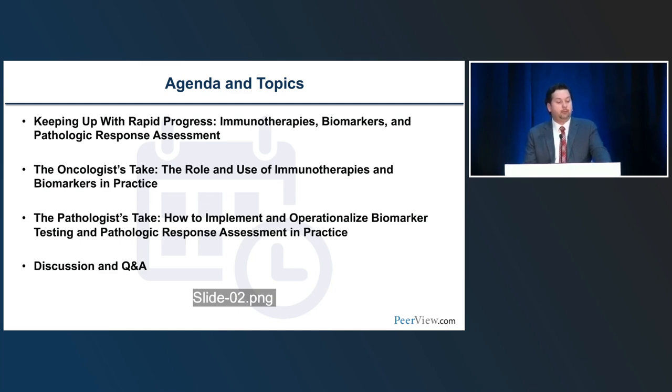First, we'll look at the role and use of immunotherapy and biomarkers in practice, focusing first on lung cancer, which will be addressed by Dr. Jonathan Rees, and then on GI cancers, focused by Dr. Weinberg. And then finally, we'll close with the pathology stake, and we will discuss how to implement and operationalize biomarker testing using as examples PD1, microsatellite instability, tumor mutational burden, and then we'll do a quick look into the future.